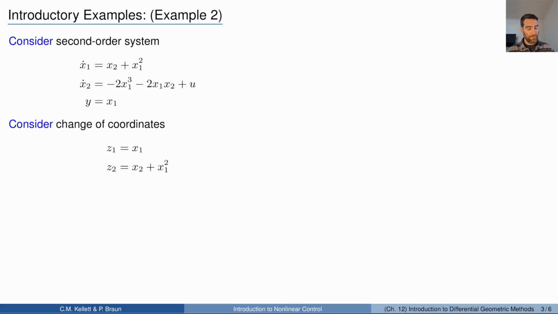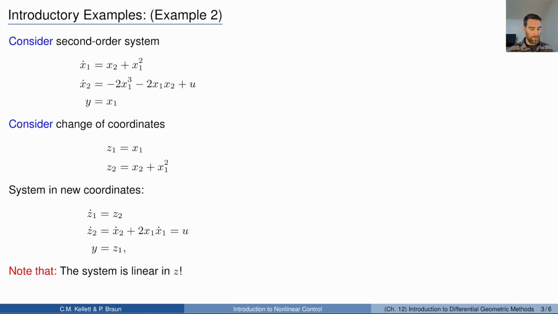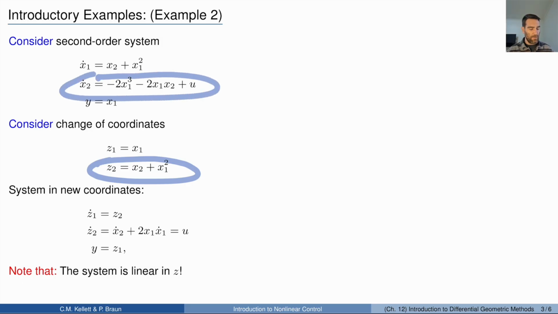So here, if we define z1 is equal to x1 and z2 is equal to x2 plus x1 squared, then, with straightforward calculations, by taking the derivative of this expression and plugging it into our system dynamics up here, we end up with z2 dot is equal to u, meaning linear dependence from z to u.